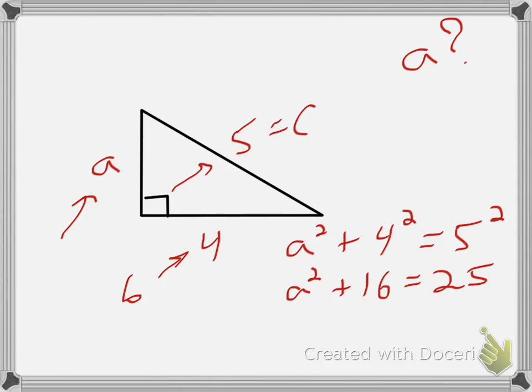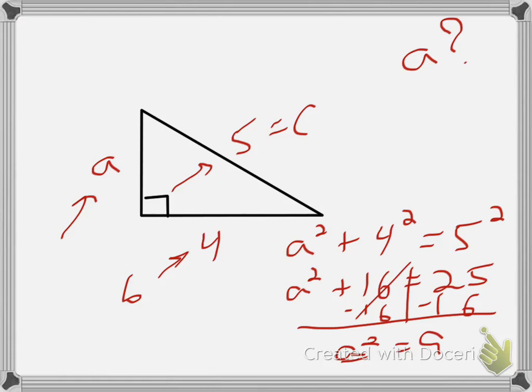Now, if you remember solving one-step equations, what you do to get the 16 on the other side is by subtracting 16 on this side, because 16 minus 16 equals 0. So you subtract 16 on this side. And we get A squared is equal to, what do you think? 9.